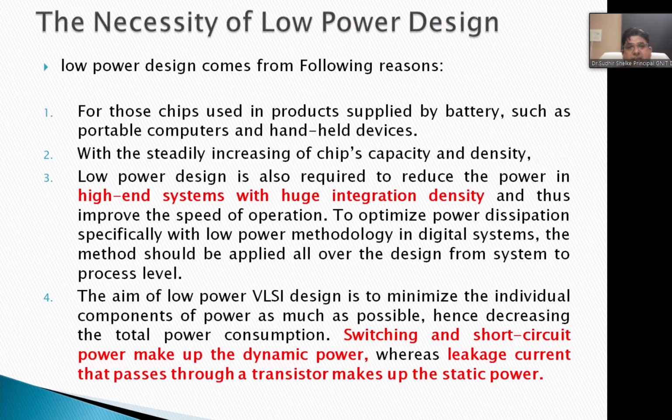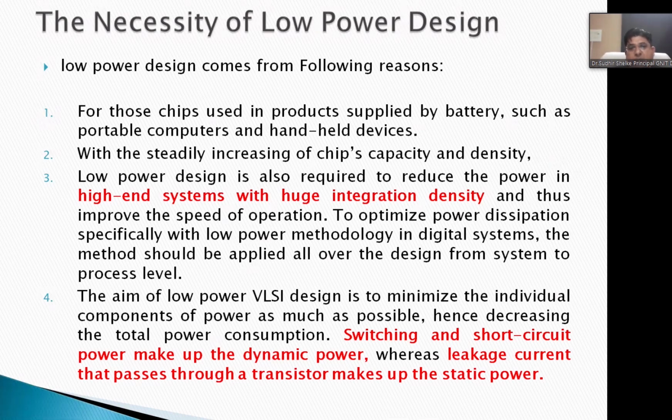Secondly, with the steadily increasing chip capacity and density, as Moore's law says, as you increase the number of transistors on a die, more power is required, and that power is converted into power dissipation, which has to be reduced by using some technology or techniques. Those techniques are low power design techniques. Low power design is also required to reduce the power in high-end systems with huge integration density and thus improve the speed of operations.